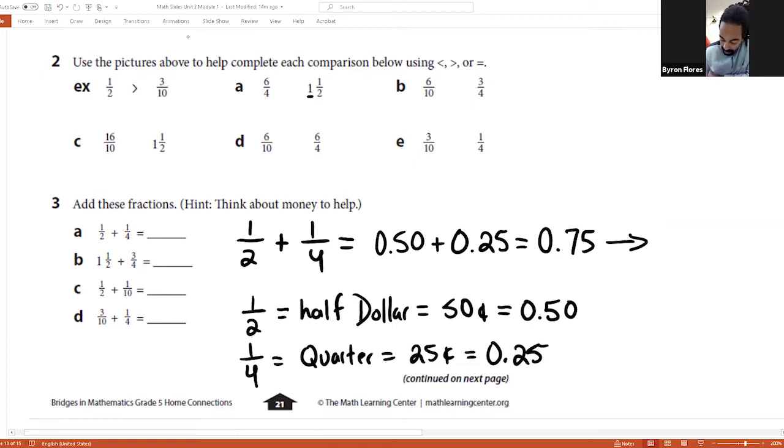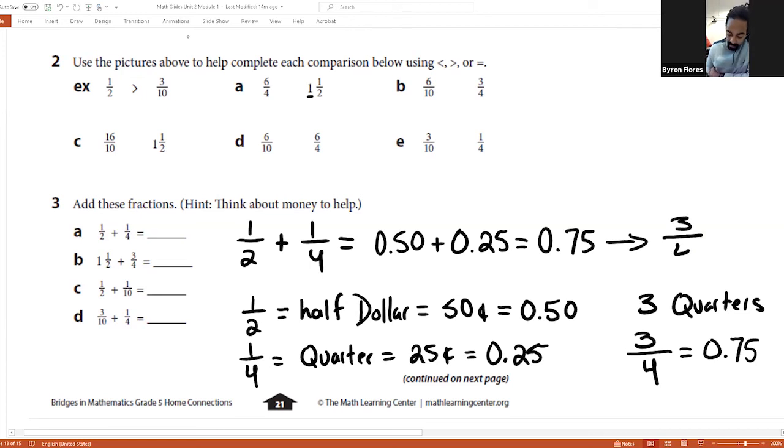I know that if I have 3/4, that's going to give me 75 cents. And 3/4 out of 4/4 gives me 75 cents, or 0.75. Because I know a quarter, 1/4, as we see here, is 1/4. So 3/4 is 3/4. Now I want you to try the rest on your own.